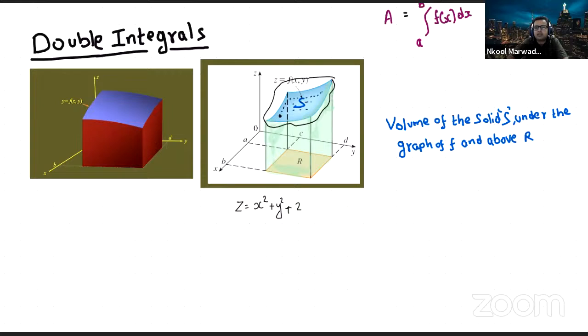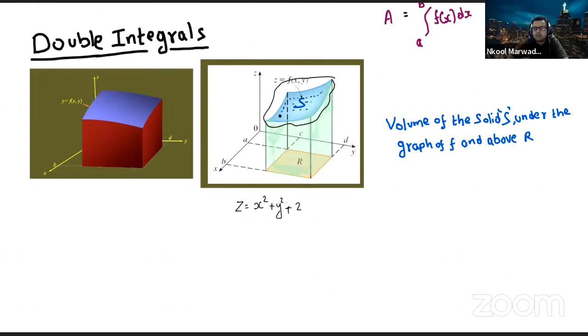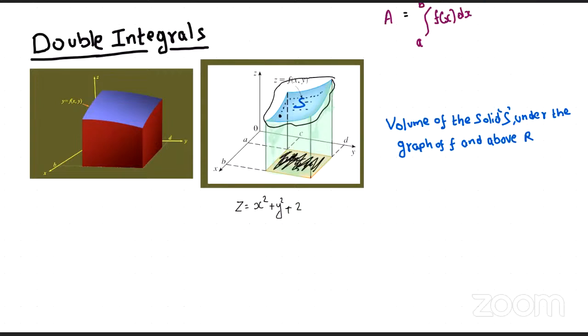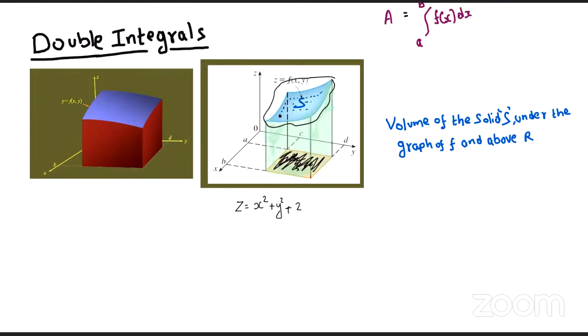This region which I'm highlighting with a black pen contains the possible values of x and y we can plug in. We will take x and y from here, plug them in this, and I will get z. So I will get this figure, like the top I will get.